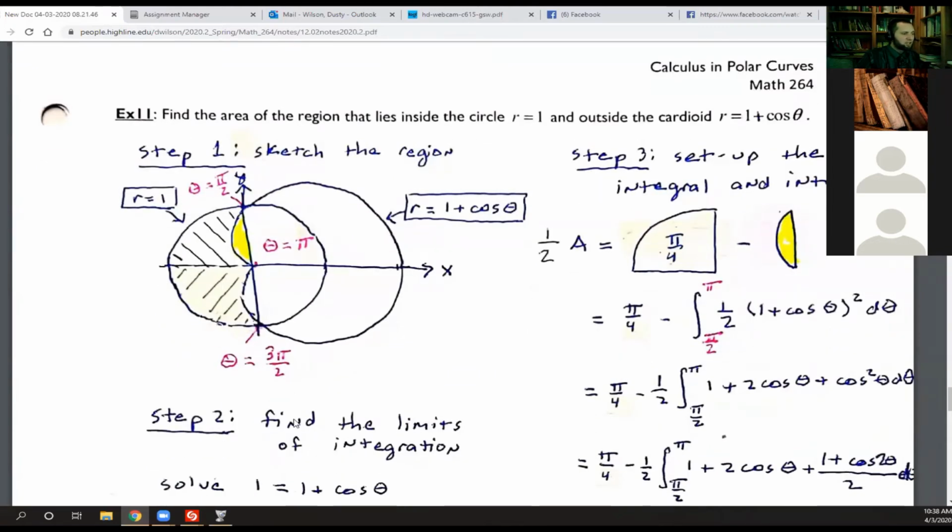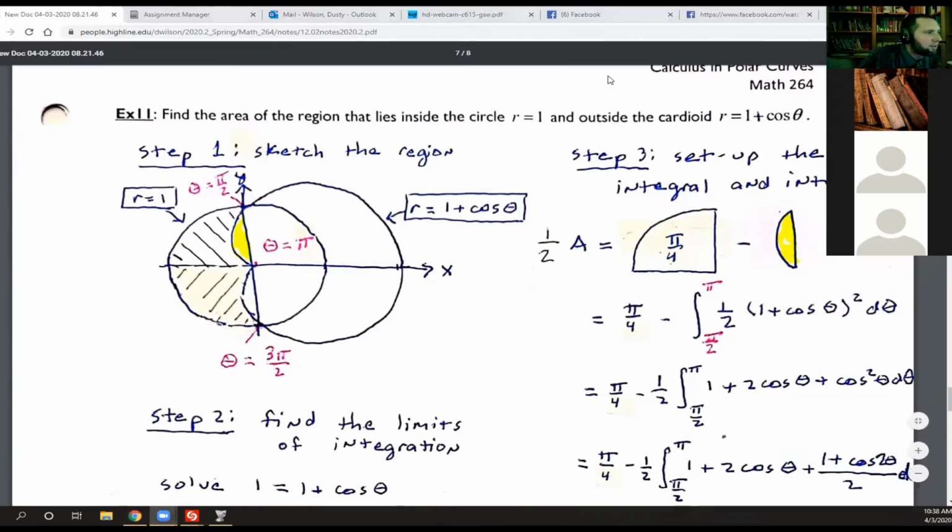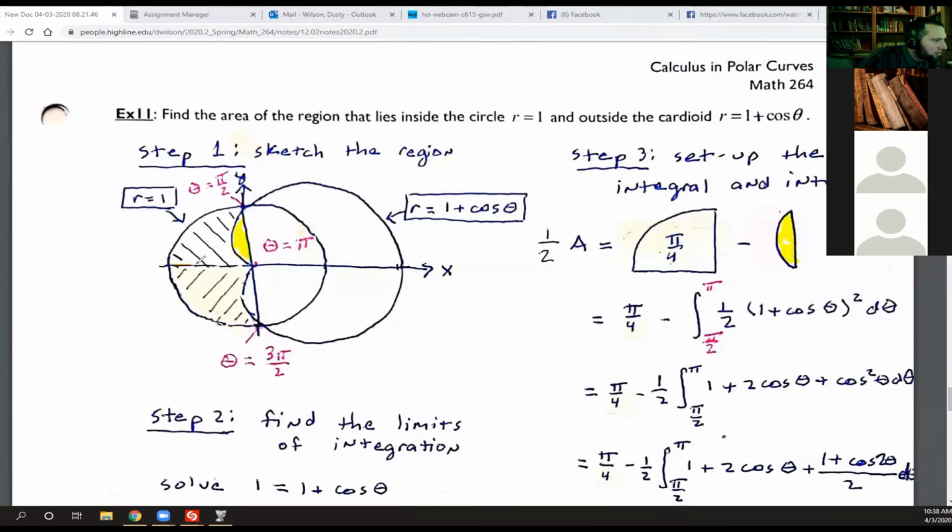So if we've sketched our region, we see what we're trying to find, and now we need to find the limits of integration in step 2. And so those limits of integration are going to be kind of the key points. So we're after this region right here. And so you can see the key points are right here at the origin and up at the top. And remember that we describe points by thetas, not by x's and y's.